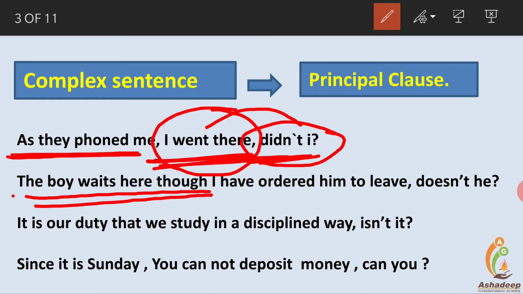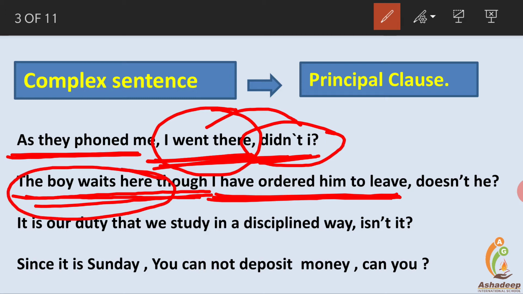See, the boy waits here, though I have ordered him to leave. Here two clauses: the boy waits here, I have ordered him to leave. The boy waits here, that's the main clause, and we will get the question tag for this sentence.